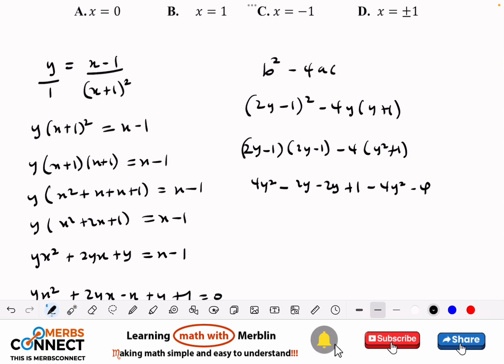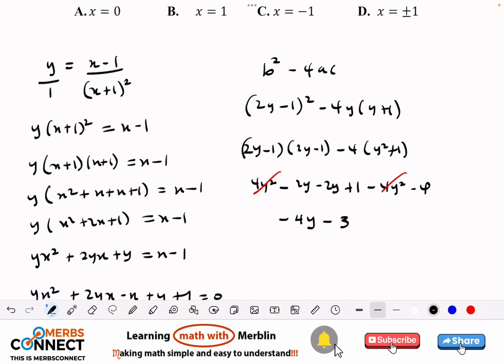So let's see something here. I can see that this will cancel this. So I'm going to have something like minus 4y, and then 1, and this is going to give us minus 3. Yeah, minus 3. Right. Is that right?